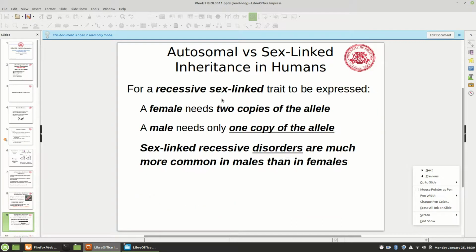The recessive sex-linked trait is to be expressed. Make sure you understand this. For sex-linked, it's exactly what I was just talking about: females have to have two copies, males only need one. A sex-linked trait is much more common in males than females. I just discussed that, so understand that, and there are videos out there on the YouTube channel discussing this as well.